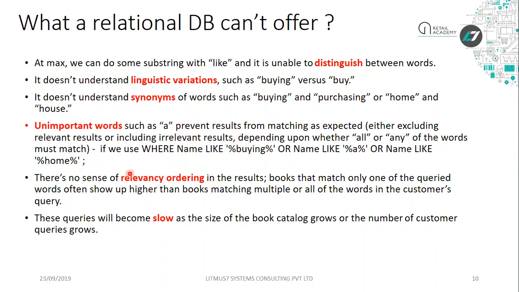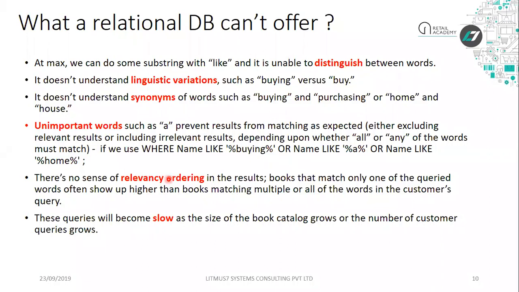And another important aspect is the relevancy ordering. In the coming slide also we will discuss relevancy. This is one important feature if we understand any search engine. When you search for an item, the order in which the results appear for that particular search term matters to the end users or the end customers.